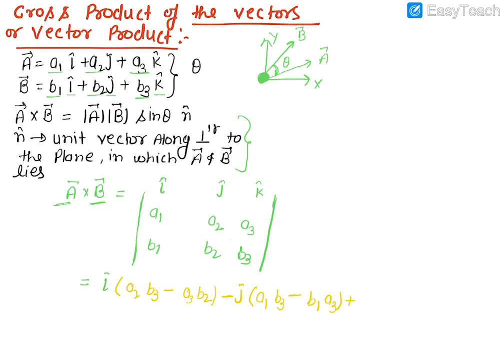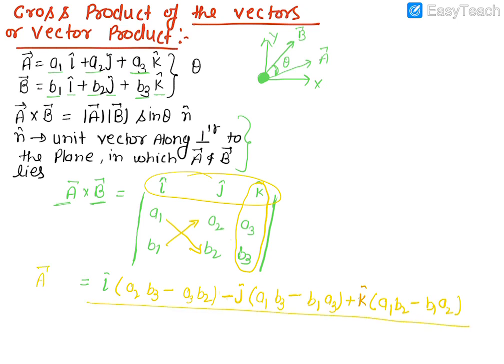Then we have to write k cap into, we close this thing and this thing, then simply multiply this a1 to b2, a1 b2 minus b1 a2. So this will give us the a cross b vector.